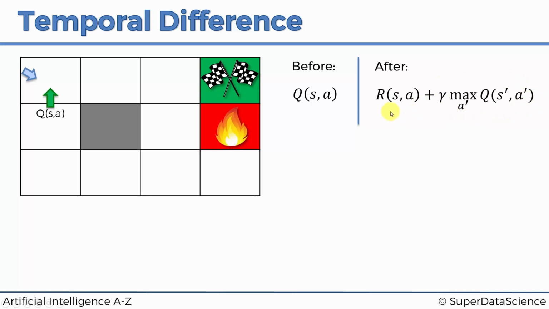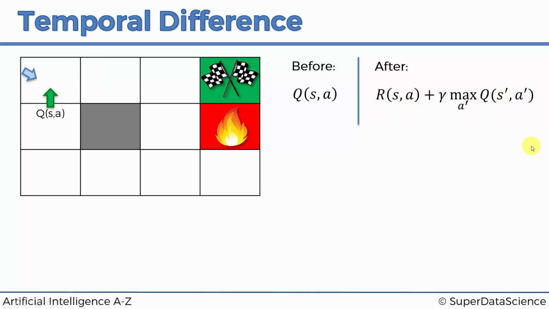So in essence, we're recalculating this value, but now with new information. The new information is the reward that we got, plus what state we ended up in and what the maximum across that state is, what this new value is for that specific state that we're looking at. So what the value of being in that state is. So basically the Q(S, A), but given new information.